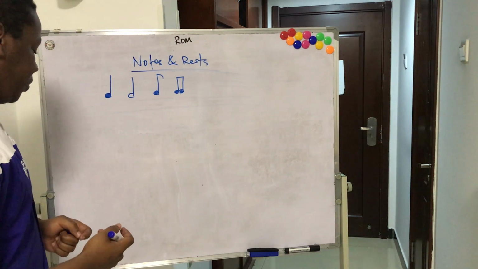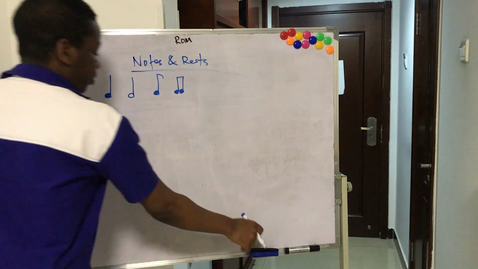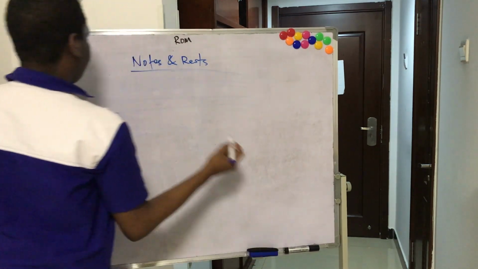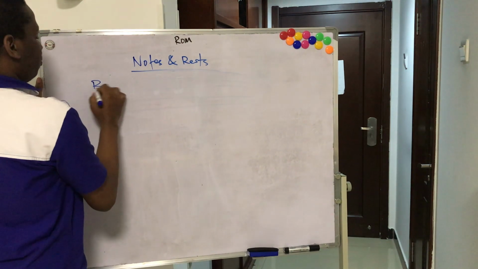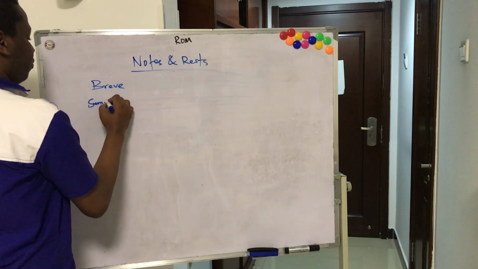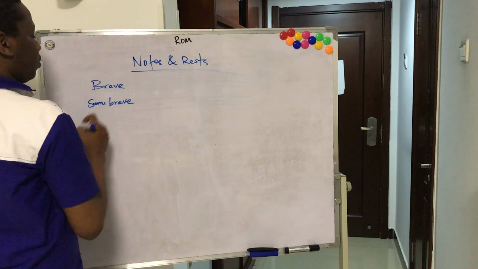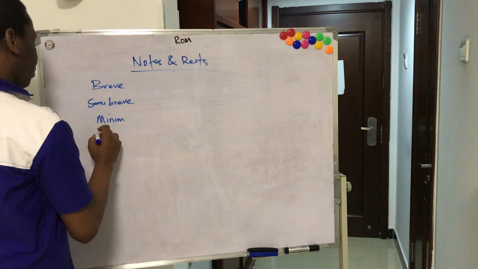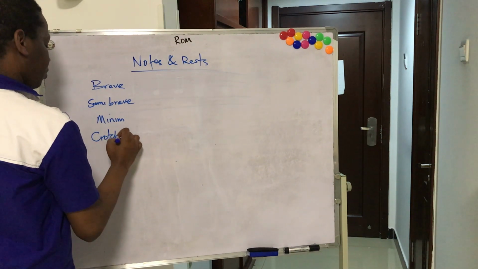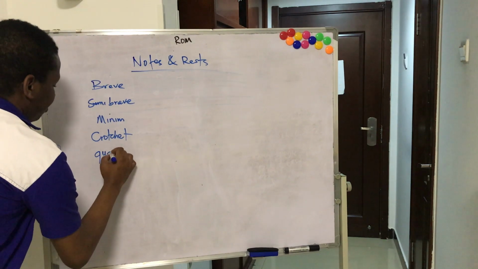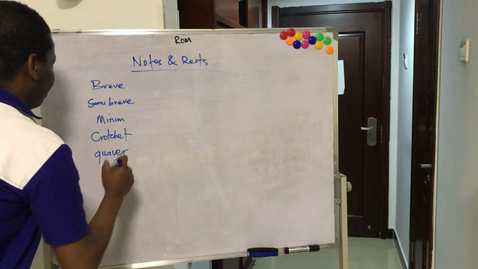So in music we have notes like this. We have notes called breve, we have semibreve, we have minim, we have crotchets. We have quaver. It's not the one you used to sew clothes on.